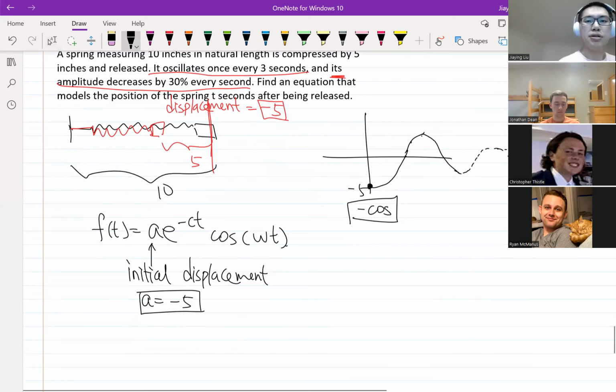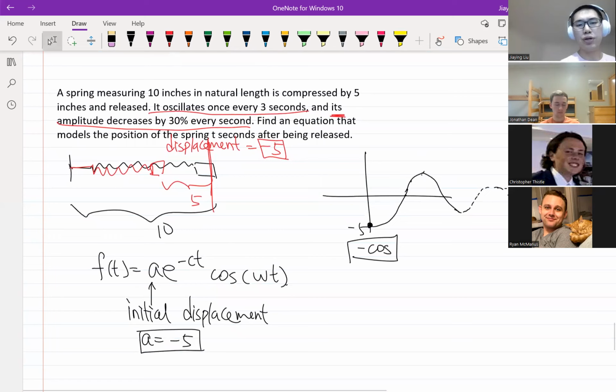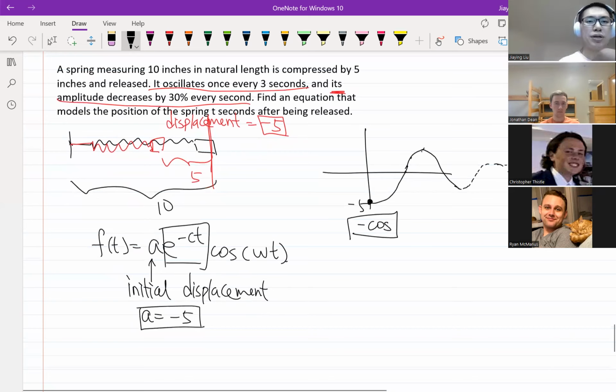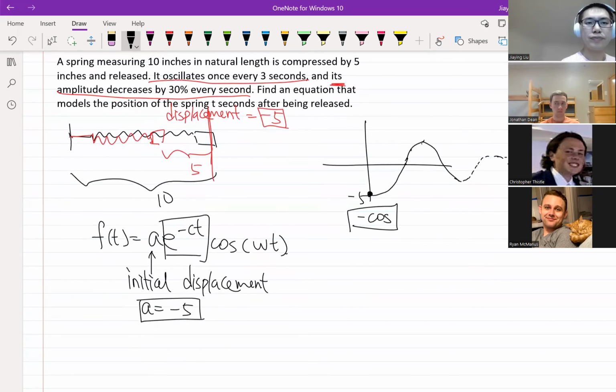And the damping factor, we don't know yet, because we don't know what this exponential part is going to be like. But we can find it because it says the amplitude decreases by 30% every second.